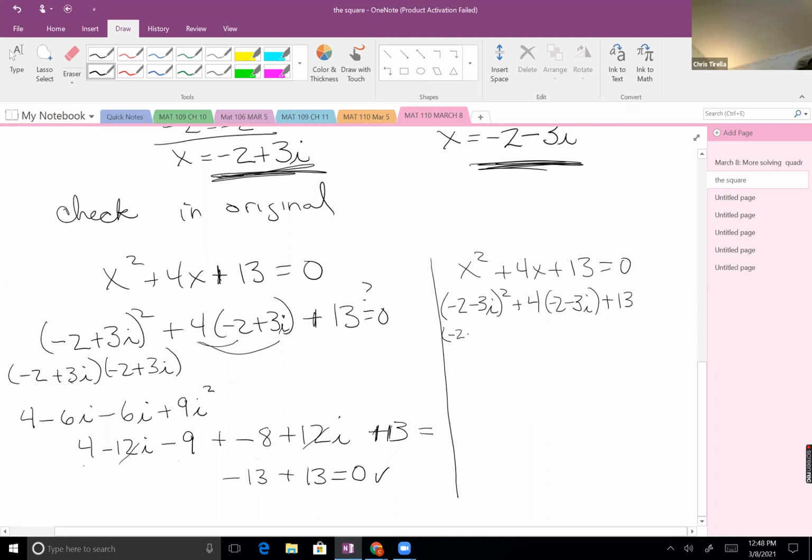Again, here we want to think of taking that quantity and multiplying it by itself, which would give me 4 plus 6i plus 6i plus 9i squared, distributing minus 8 minus 12i plus 13. So that gives me 4 plus 12i minus 9 minus 8 minus 12i plus 13, which gives me 0, and it checks.